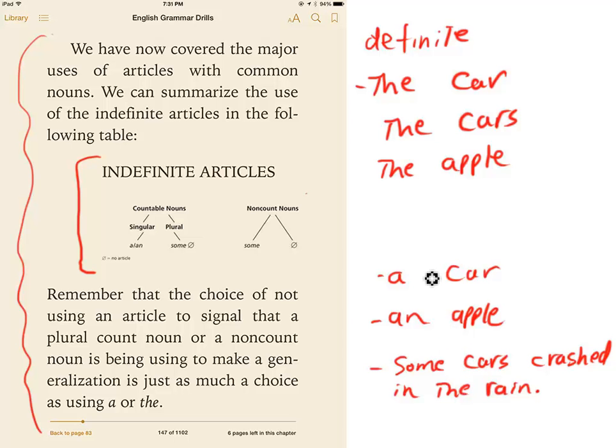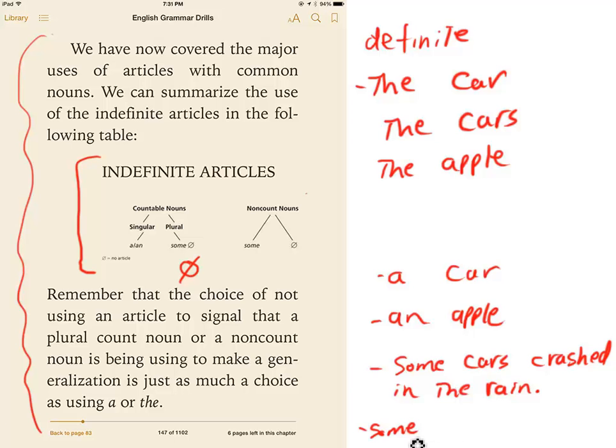So that's the distinction between a, an, or some. For plurals, you could also choose not to use any article if you're making a general statement. And then, of course, for non-count nouns, you're always going to use the word some, whether it's plural or singular.